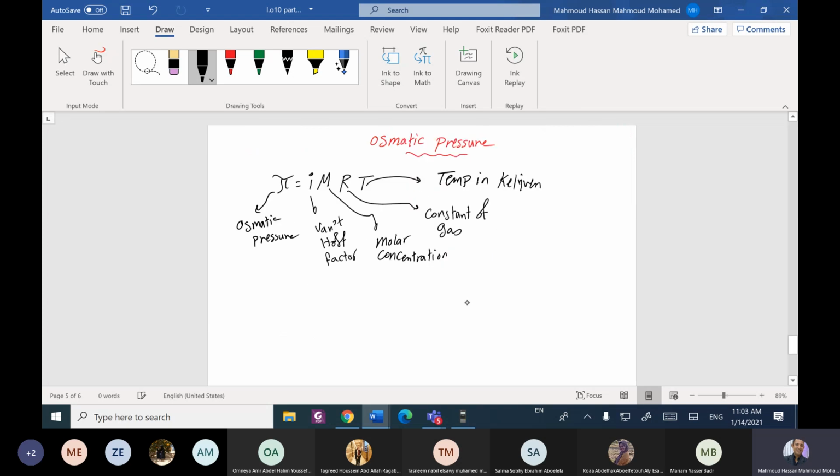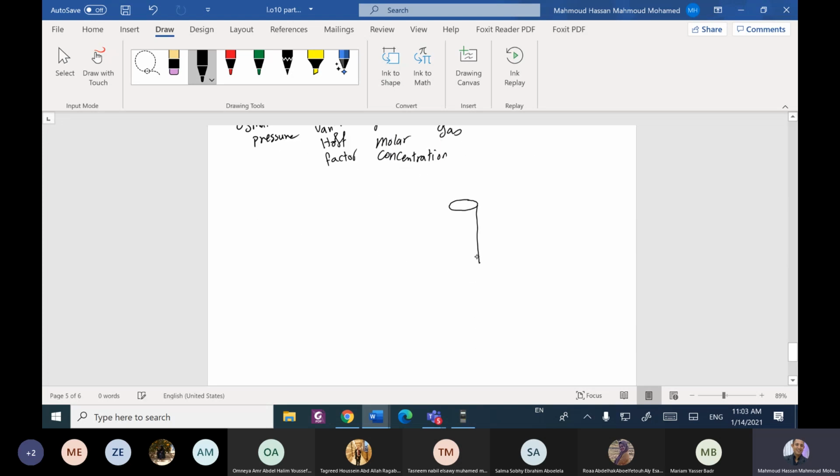This represents if we have a U-shaped tube, and we put a semi-permeable membrane between the two openings.